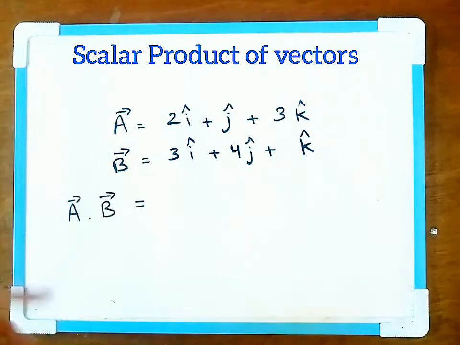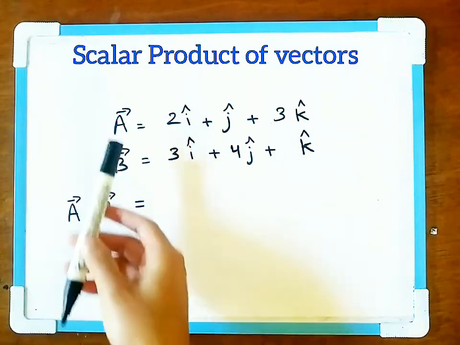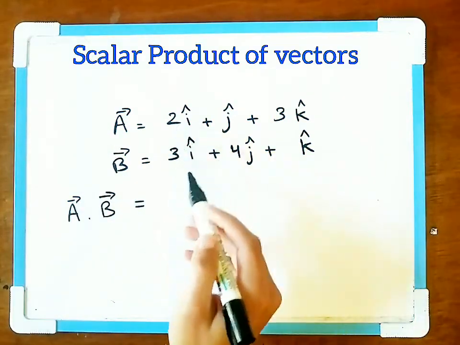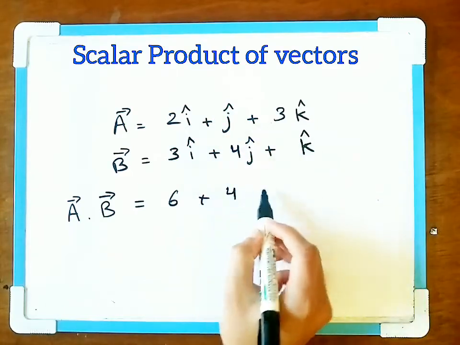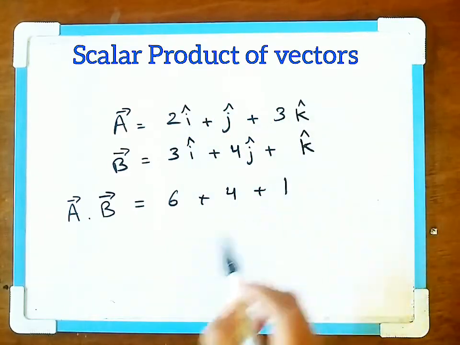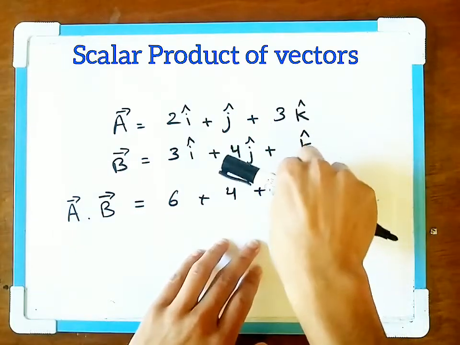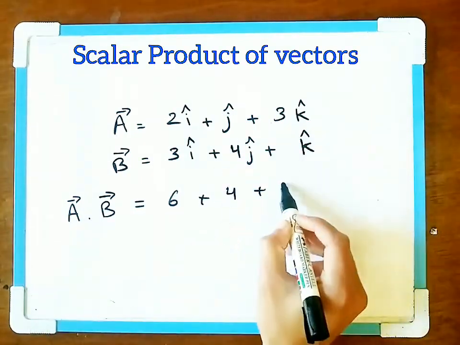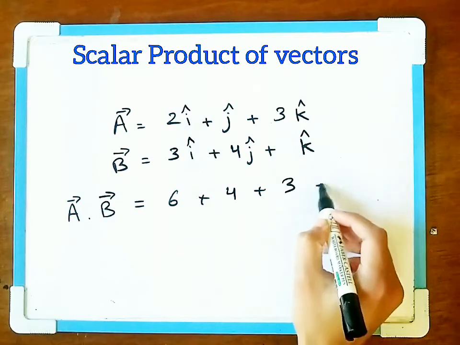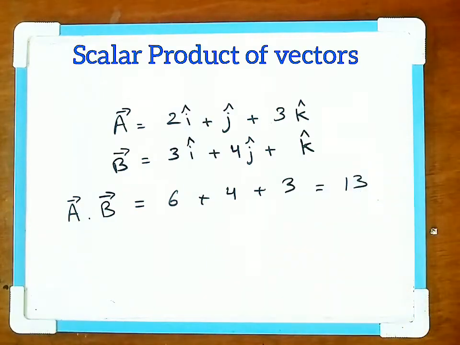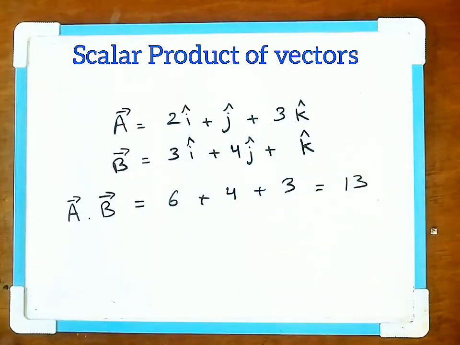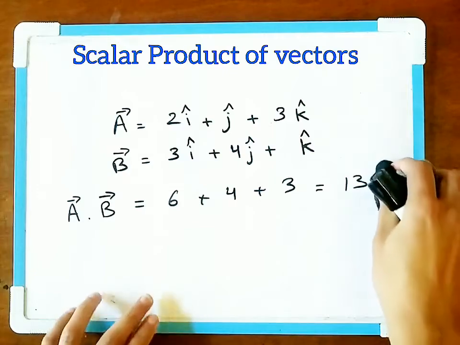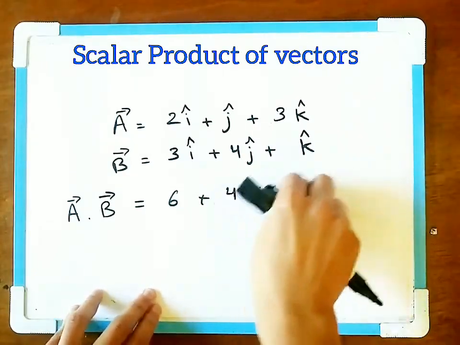So what you do is, you have A dot B, you have two vectors, you just multiply 2 and 3, 6, 1 into 4, 4, 3 into 1, 3. You'll get this as 13. Okay, so just multiply the i component, the j component, and the k component. You'll get the dot product of the two vectors.